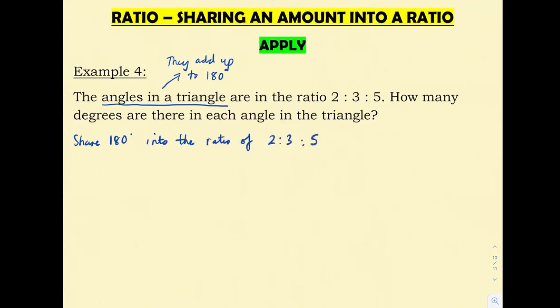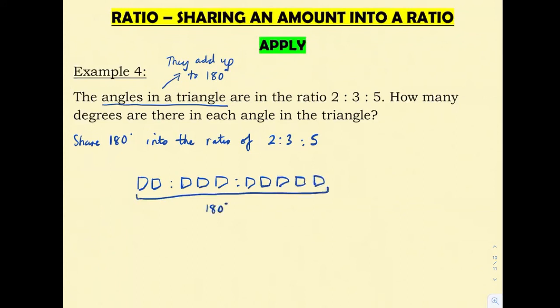So this is a question that's similar to what we've just been doing. So we're going to draw out the ratios as parts and blocks. We've got 180 degrees in total to share. So we've got 1, 2, 3, 4, 5, 6, 7, 8, 9, 10 parts altogether.